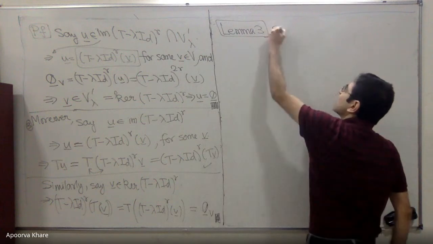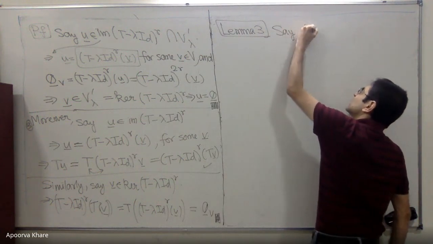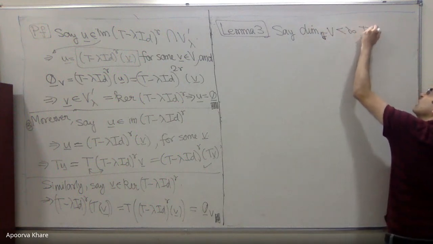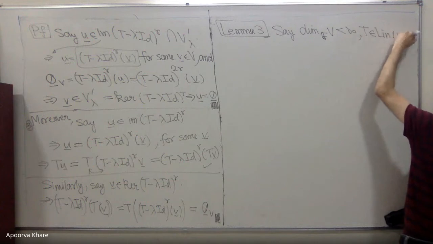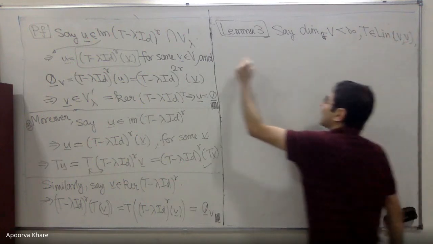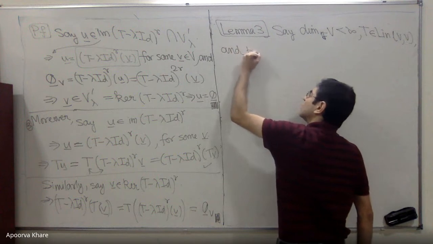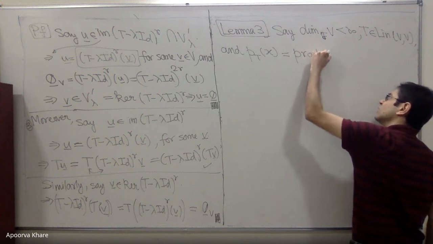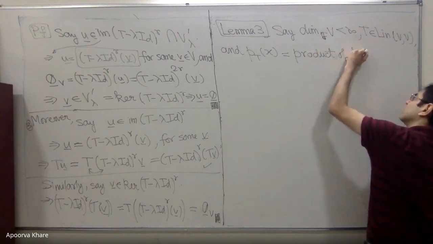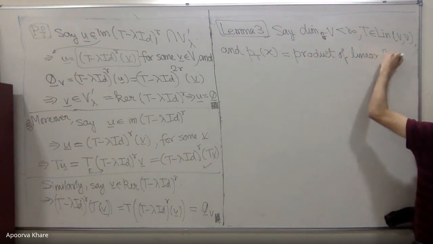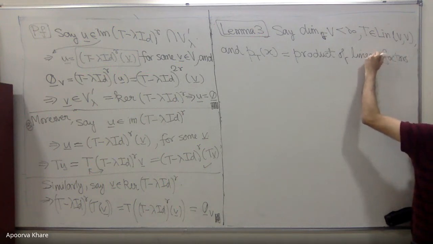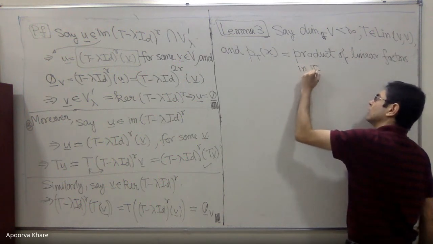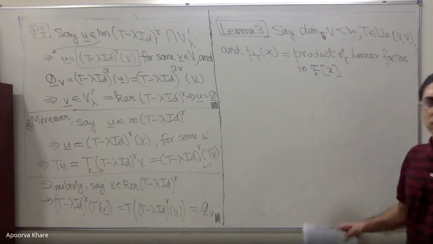So every lemma I assume dim V is less than infinity, V is finite dimensional over F, T in L(V), and the characteristic polynomial of T. Now this time we assume it splits as a product of linear factors in F[x], of course.